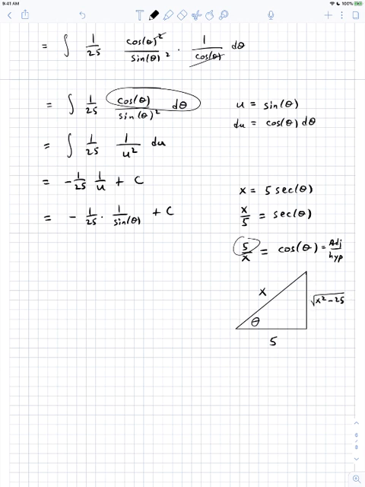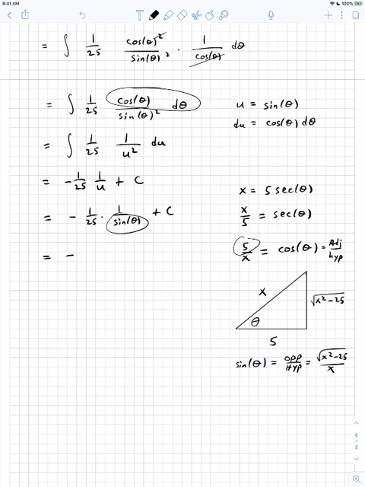So now what we want is sine, and sine of theta is equal to the opposite over the hypotenuse, which is the square root of x squared minus 25 over x. Now actually we want to put that in the denominator.